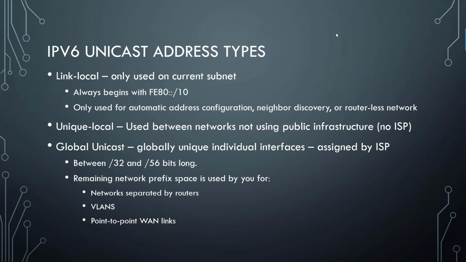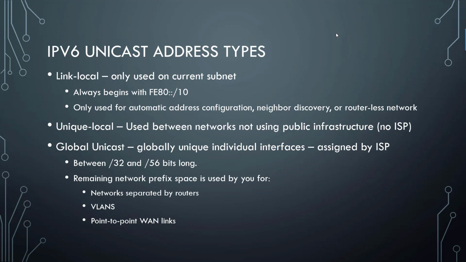So it is used to set up an establishment with your DHCP server, neighbor discovery, hey, who's next to me on the network, or sometimes if you don't have any routers on your network, you're just doing PC to PC or switch to switch, it will be used to communicate those devices of who is connected to the network.